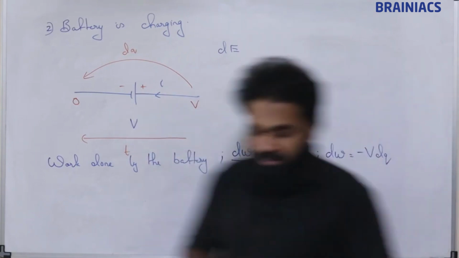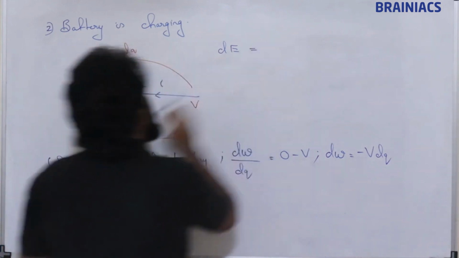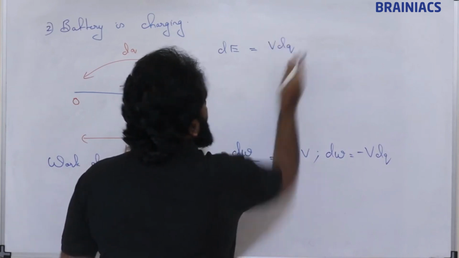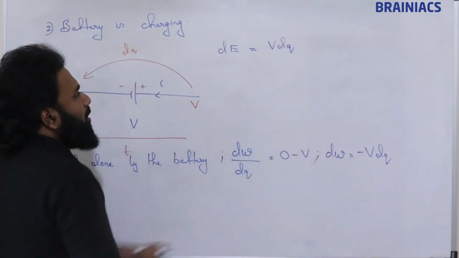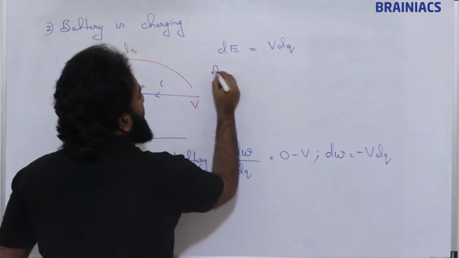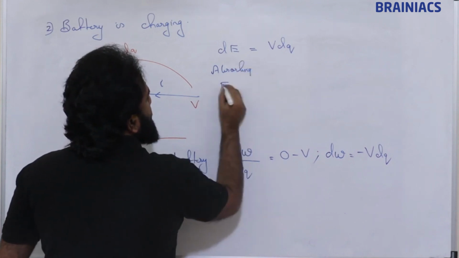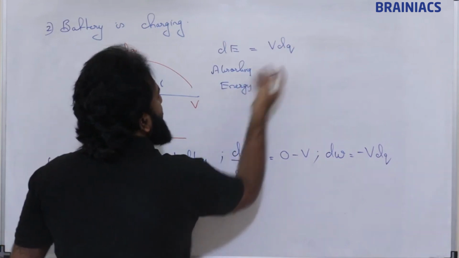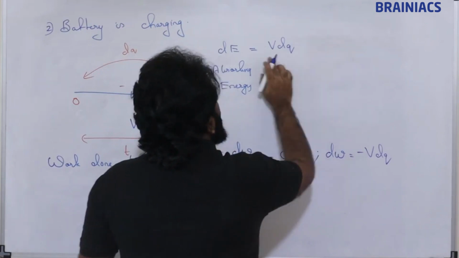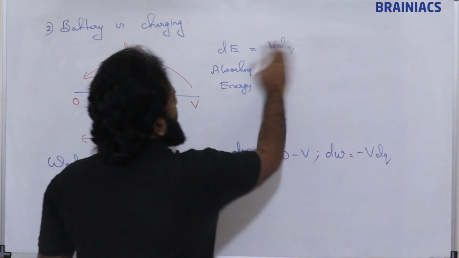So the energy dE absorbed by this battery is nothing but V dq. I am removing the negative because we already mention that this energy is absorbed. V dq is equal to dw by dq, both are fine.